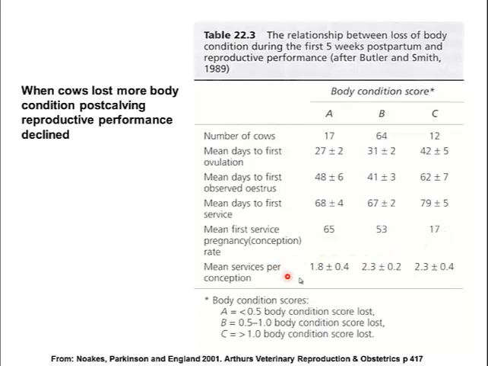And the mean services per conception, the number of inseminations they needed to get pregnant, was higher compared to those that lost less body condition score. And remember, the target that we're looking for is we want cows to lose less than half a condition score in body condition following calving if possible.